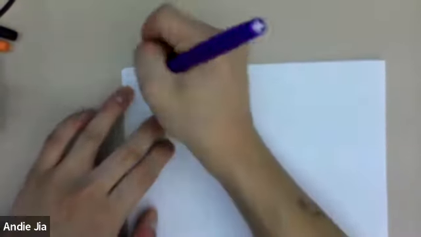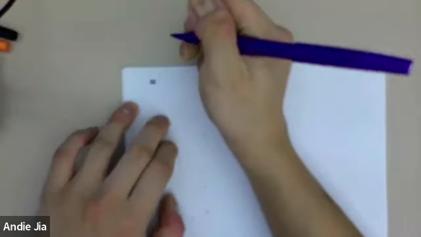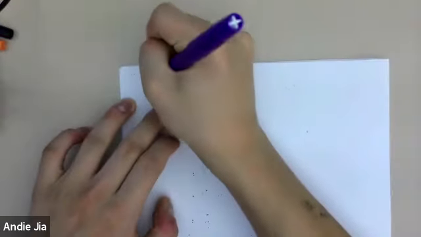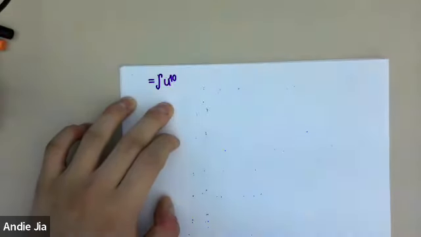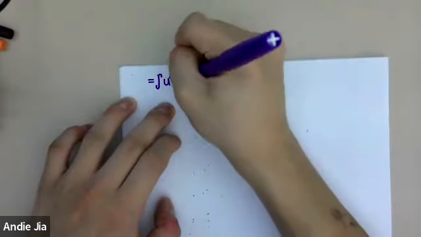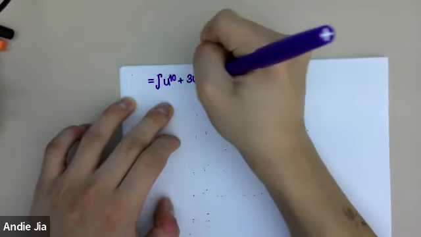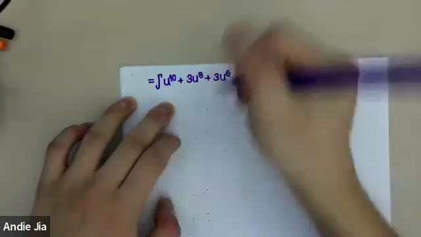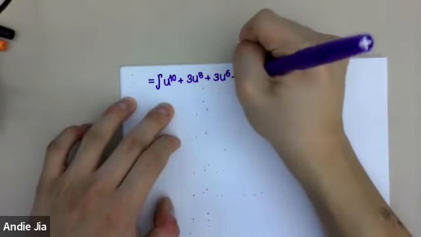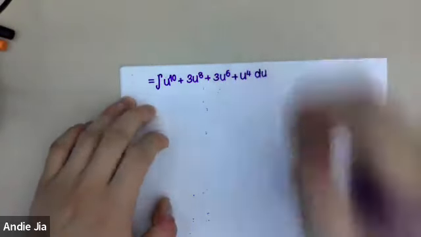So this integral is gonna be u to the 10th plus 3u to the 8 plus 3u to the 6 plus u to the 4 du.